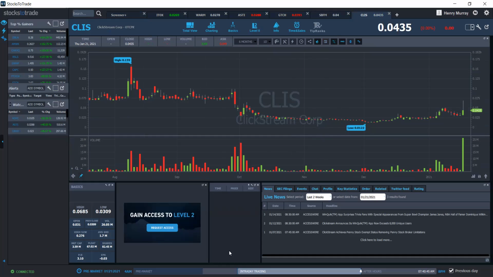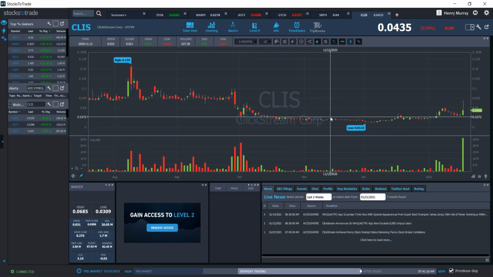All right, so this one is breaking out. I'll play this one for a breakout opportunity. CLIS. And this chart is actually a stair stepper, just in a smaller proportion.